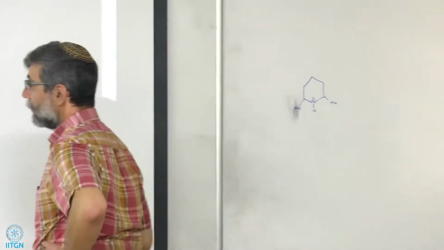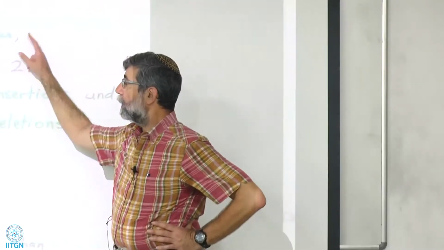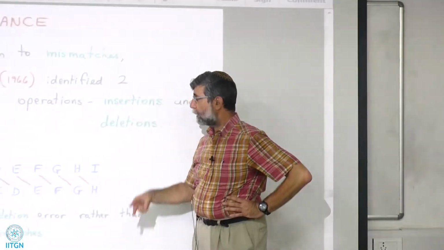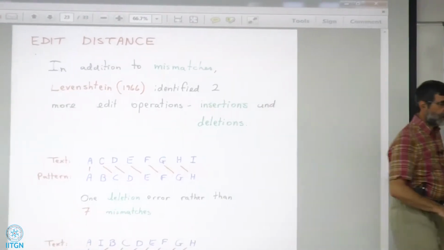But the harder question was, what about Levenshtein distance? Levenshtein identified two more edit operations, as we said, insertions and deletions, and we saw the examples.